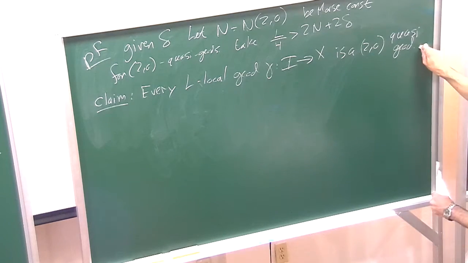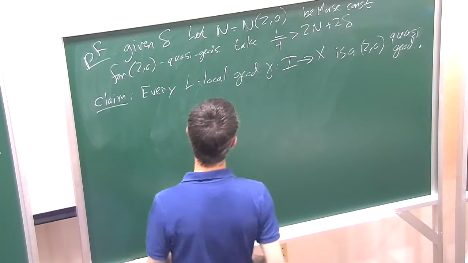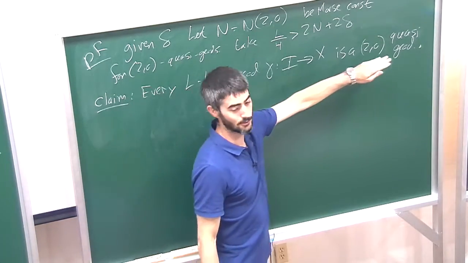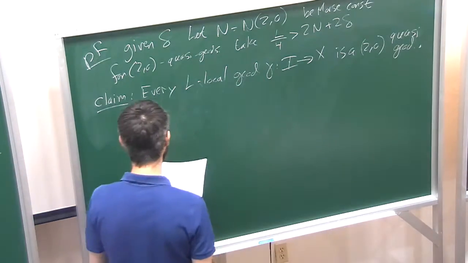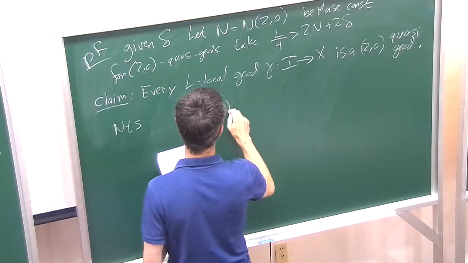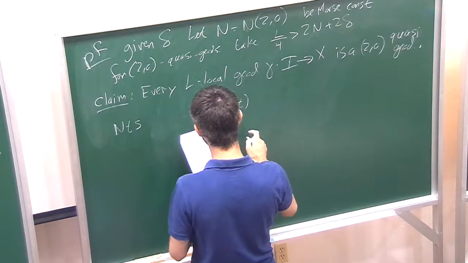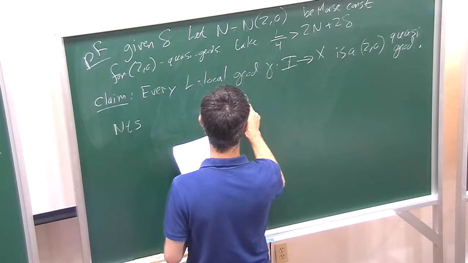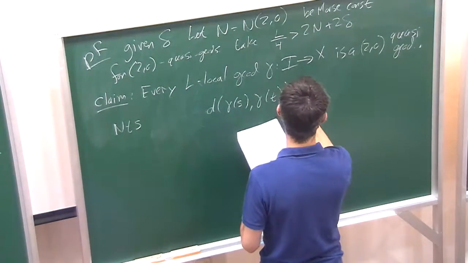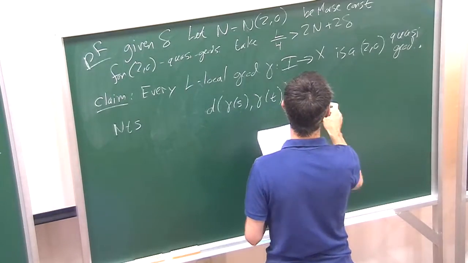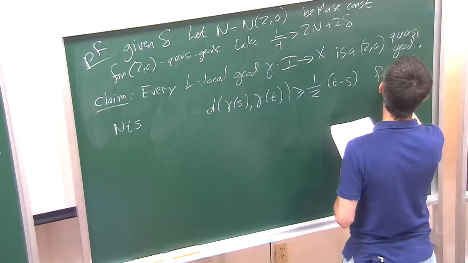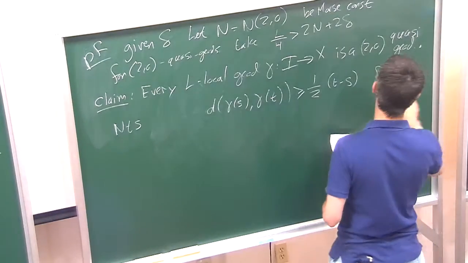What do we need to show? All right, so I'm going to now assume that I have an L local geodesic like this, and I want to prove it's a 2, 0 quasi-geodesic. So what do we need to show? That the distance is greater than or equal to a half times the distance, for, let me assume s is less than t so that I don't have to do absolute value.